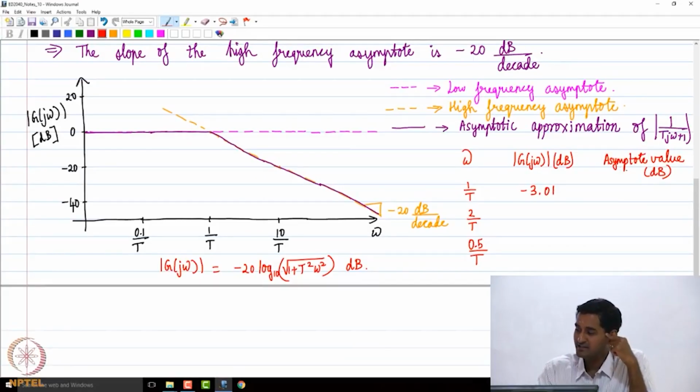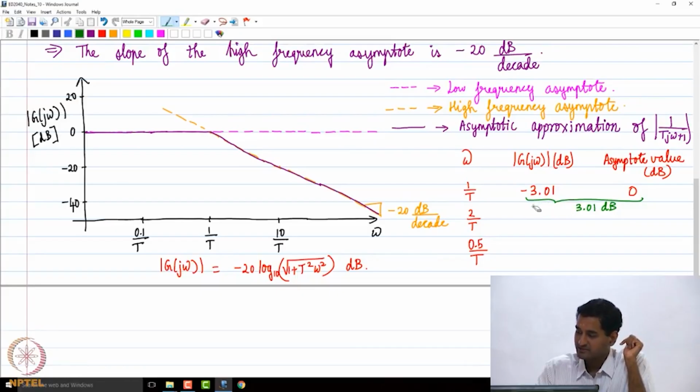And what is the asymptote value? 0, right? So consequently, what is the change? The magnitude of the error is going to be minus 3.01 decibel, the difference.